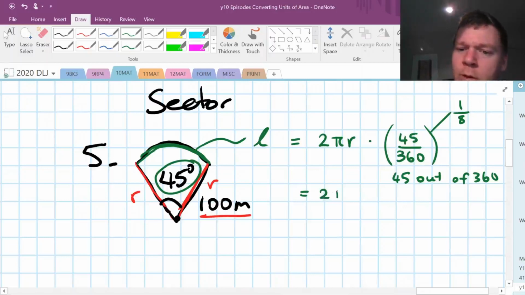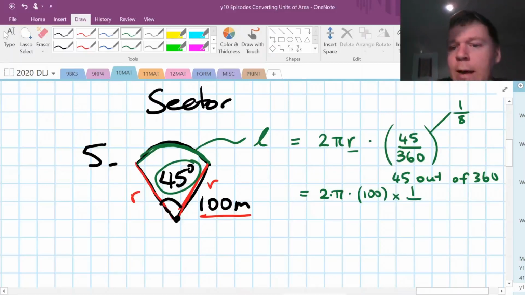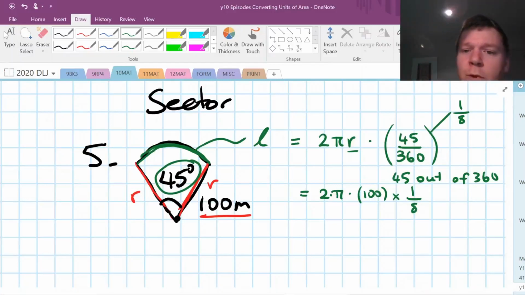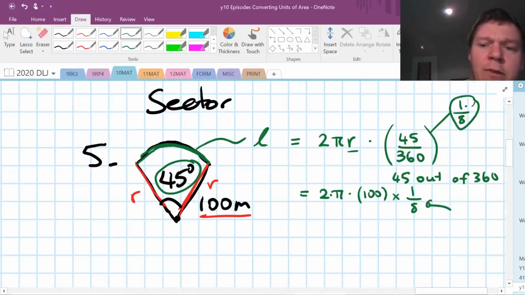So if we wanted to find the length of that arc, we would go 2 times pi times 100 for radius, and then multiply by 1/8. And if you think about it, 90 degrees is a quarter of a circle, so 45 is 1/8. An eighth of a circle. Right.